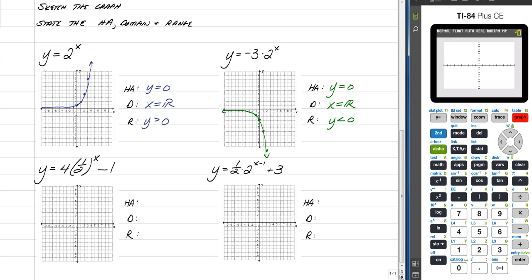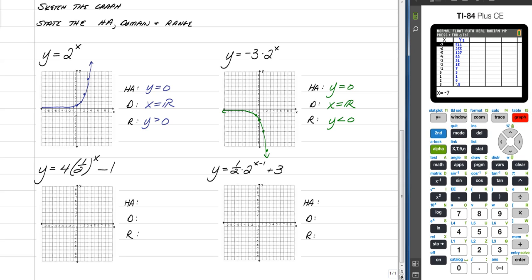So if you take a look at the graph, it's now decreasing. That's because it has a fraction. Remember, if the b value is less than 1, it's exponential decay. But this one crossed over the x-axis. And the reason why is because of the minus 1. It shifted the entire graph down 1.